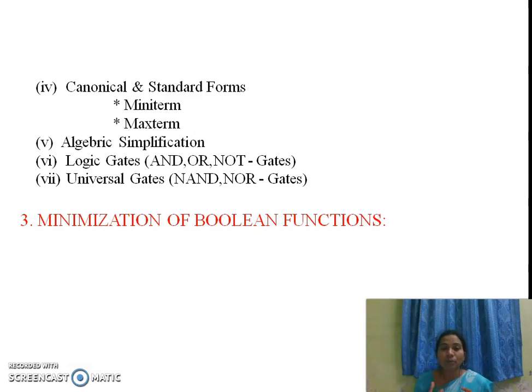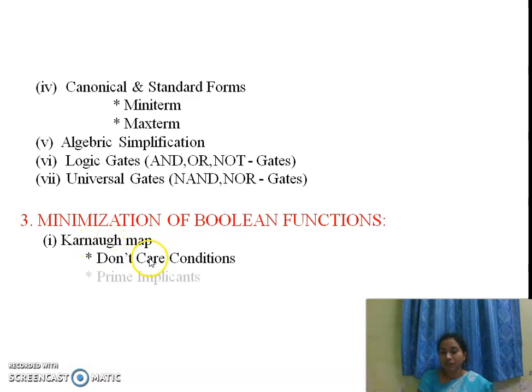Without complication, by drawing one pictorial diagram, we can write the Boolean expression from the diagram. This is also called the Karnaugh map method. In the K-map method, we have don't care conditions, prime and essential implicants.